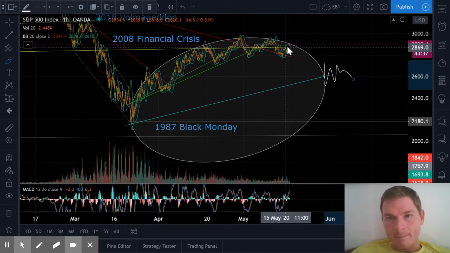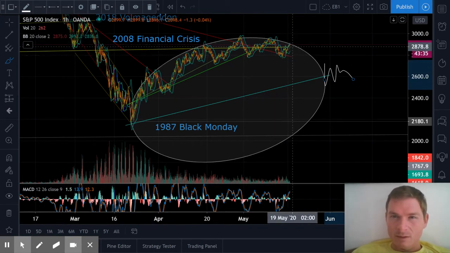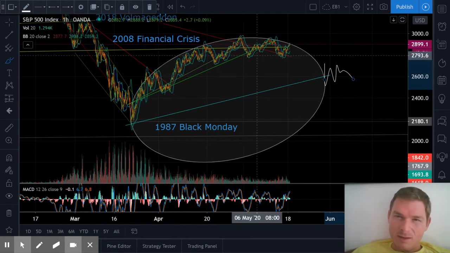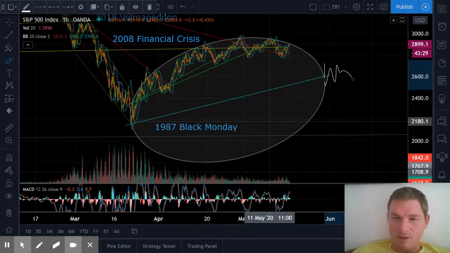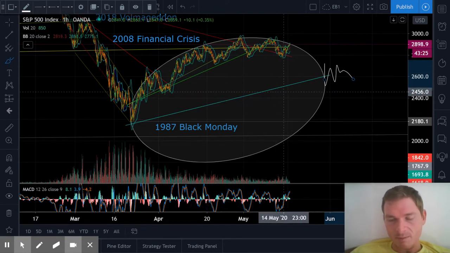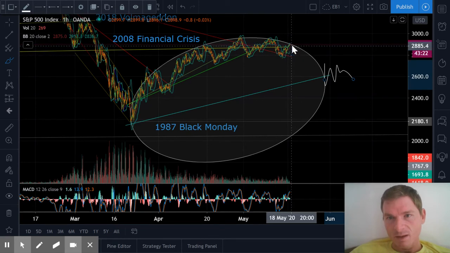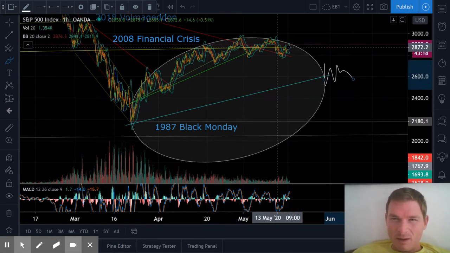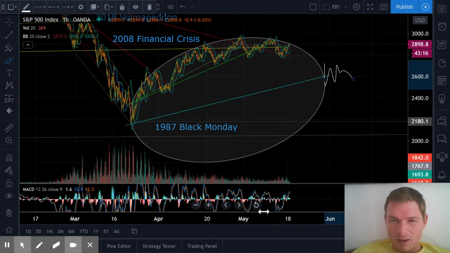And so it seems to be getting tighter, and the volatility now is picking up, and the volume is picking up on the down moves. And so I suppose maybe it would start widening out a little bit more.